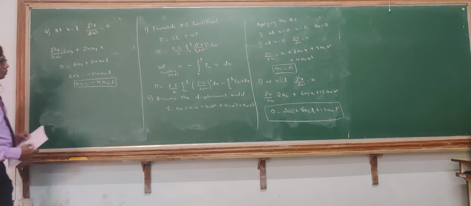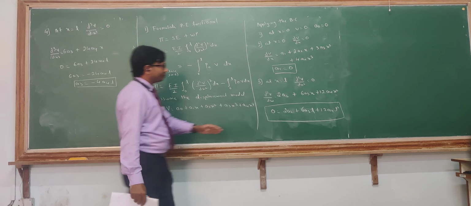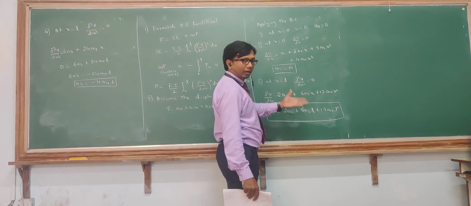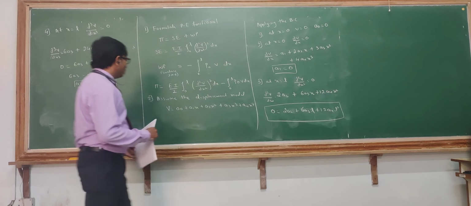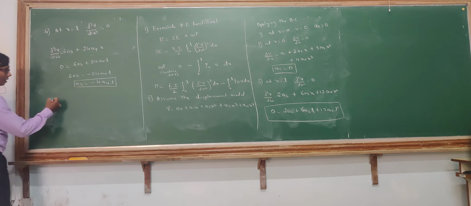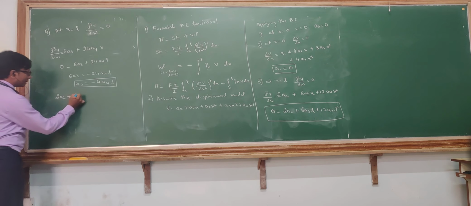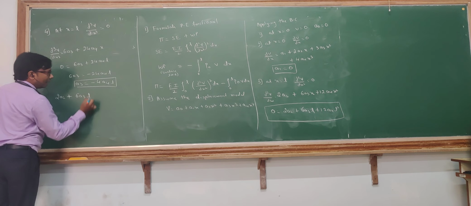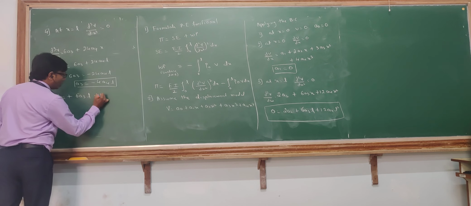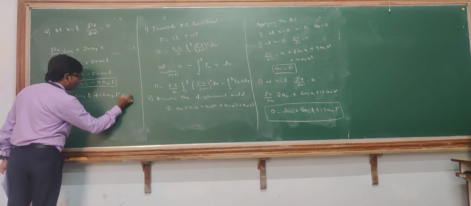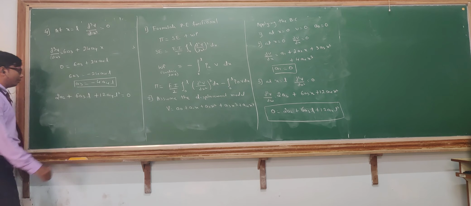If I substitute this into the earlier equation, I can get a2 in terms of a4. So we have that equation, 2a2 plus 6a3L plus 12a4L² should be equal to 0. This is the equation we have.